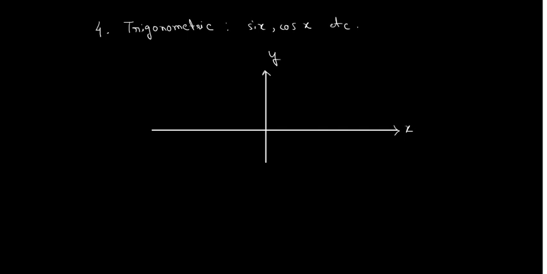The graph of y equal to sin x, if this is origin, the graph will be like this. Similarly, in the negative part will be like this.